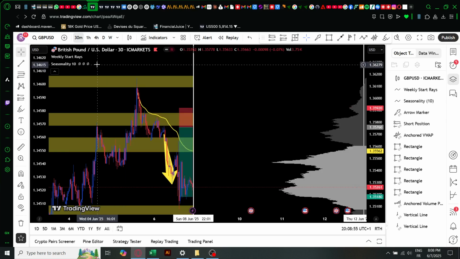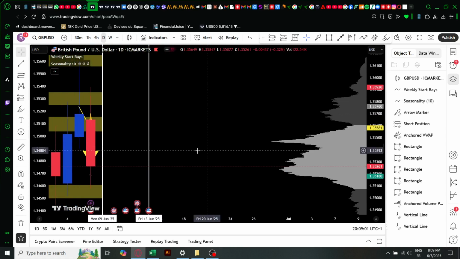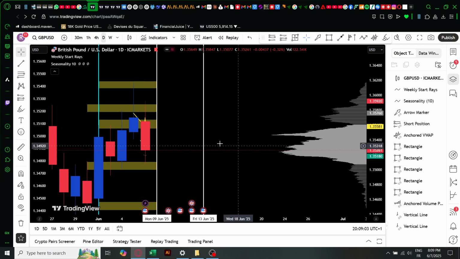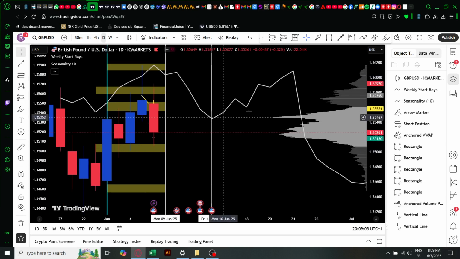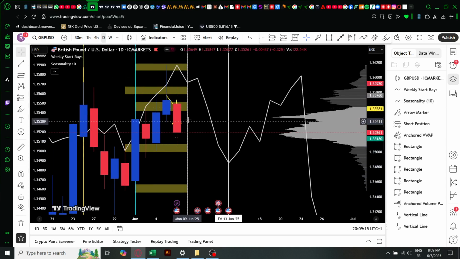I'll just go in here and then switch to the daily chart, and you can clearly see that there is a downtrend in seasonality till Friday, and then there will be a correction before another bearish wave.